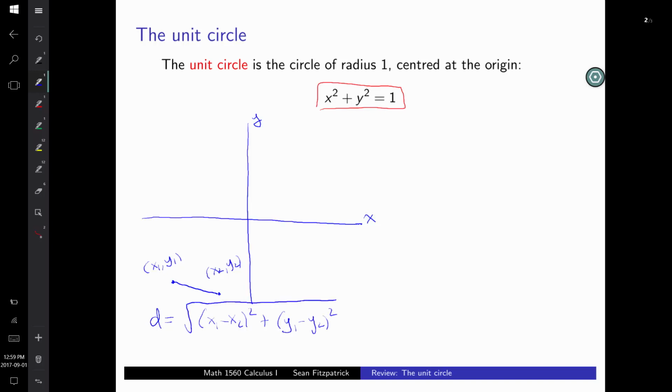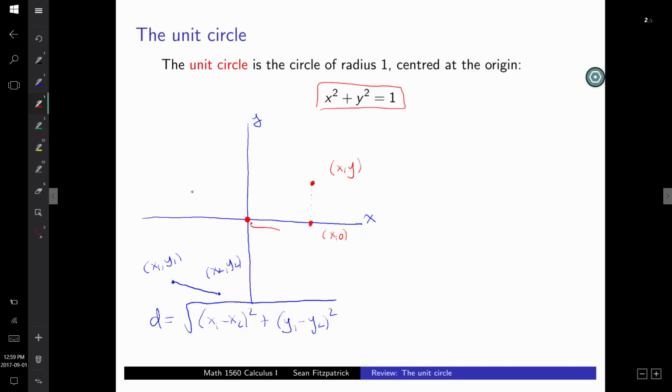So when you're thinking about plotting points on the unit circle, we're centering at the origin. So one of our points is right here at the origin, 0, 0, and I choose some other point x, y. Of course I can drop that down to here and I get the point x, 0.